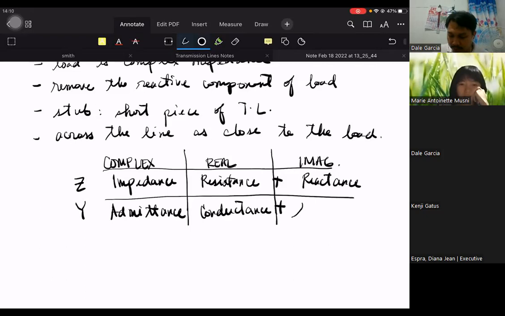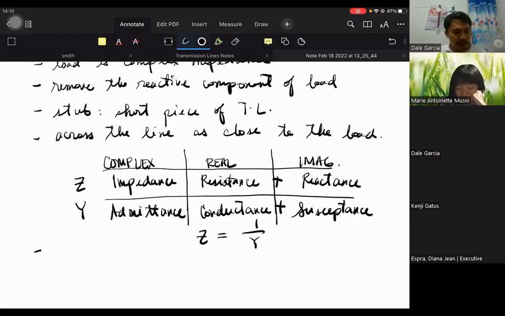These are reciprocals of each other. Impedance's reciprocal is admittance, meaning Z is equal to 1 over Y. Okay. Resistance and conductance are reciprocal with each other, and reactance and susceptance too. So when we say that the susceptance of the stub is used to tune out the susceptance of the load, it's as if saying the reactance of the stub is used to tune out the reactance of the load.